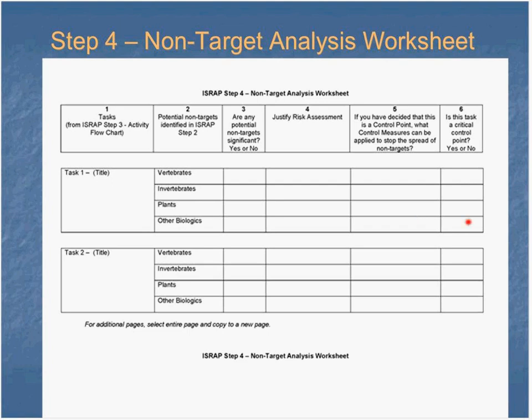And then here is determining whether or not this task would be a control point. If you determine that you have control measures, you have a control point. The final call determines whether or not this is the best place to deal with potential non-targets.